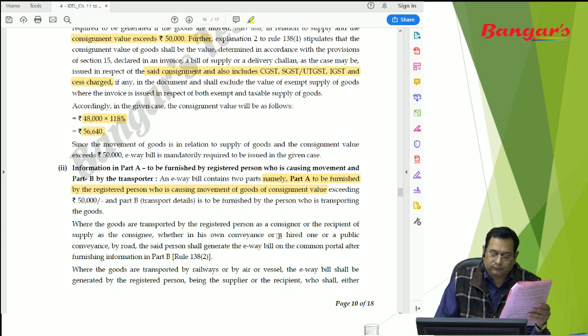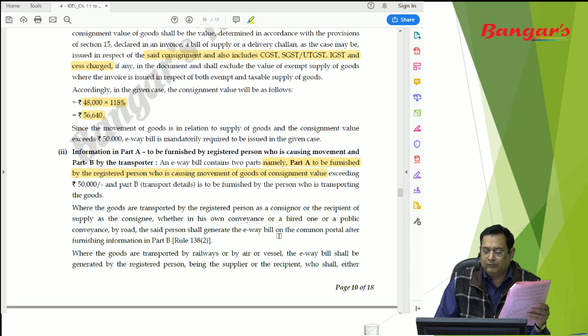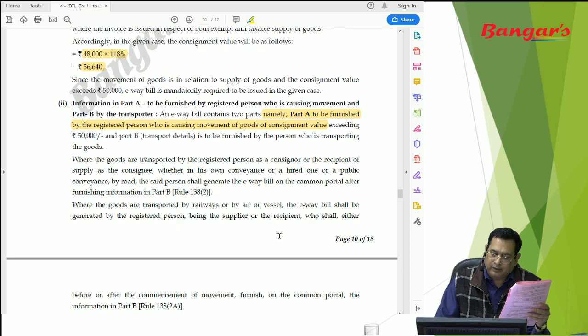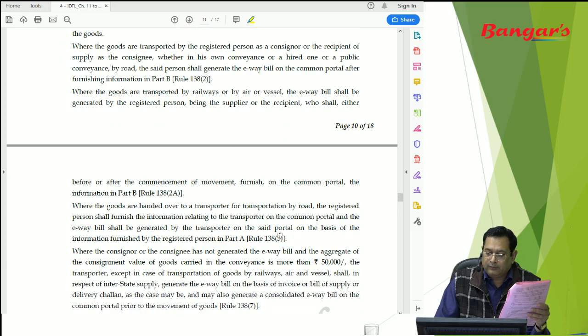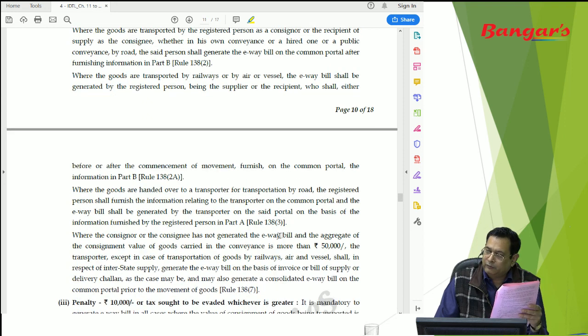On filling up Part A and Part B information, the e-way bill will be generated. So fundamentally, either the consignor or the consignee; if they have not generated the e-way bill, then it will be the transporter's responsibility to generate the e-way bill. So all these theoretical aspects you have to write in the answer.